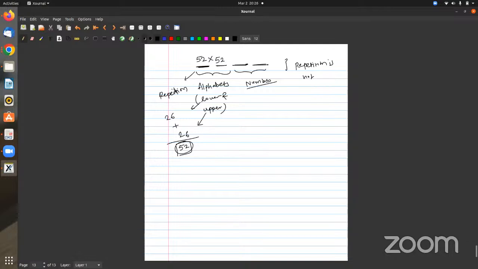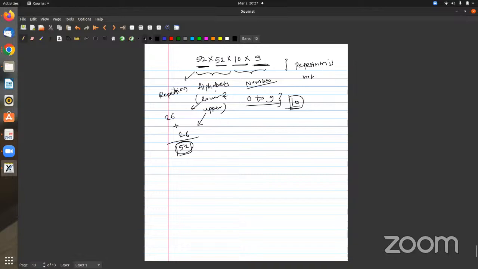What about the third place? We can use numbers from 0 to 9, so there are 10 digits. The third place can be filled with 10 ways. Since repetition is not allowed, the last place can be filled with 9.